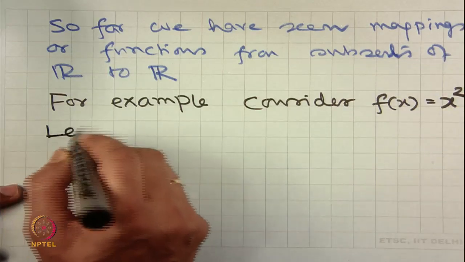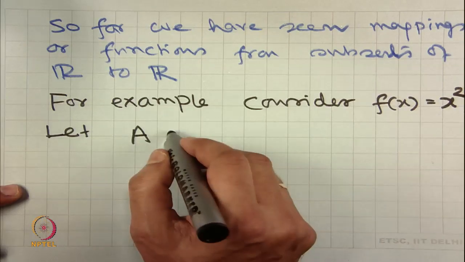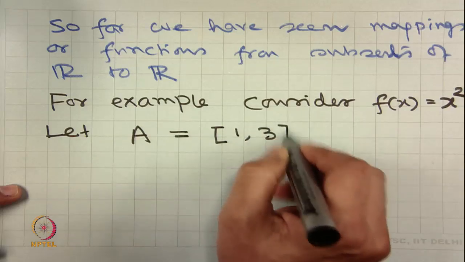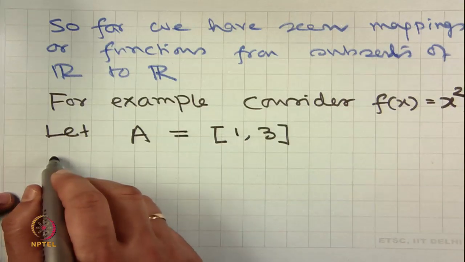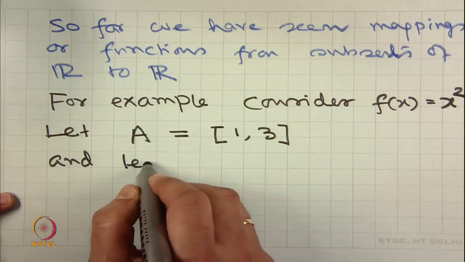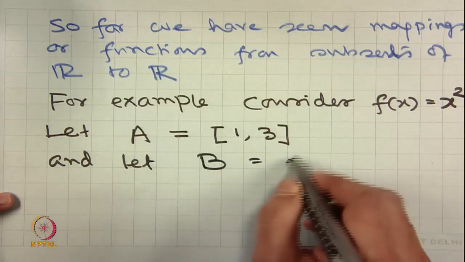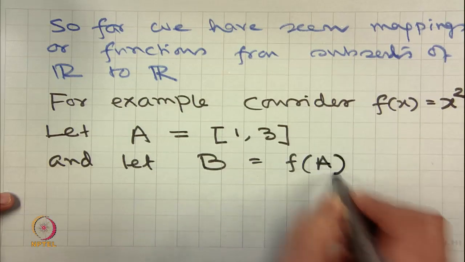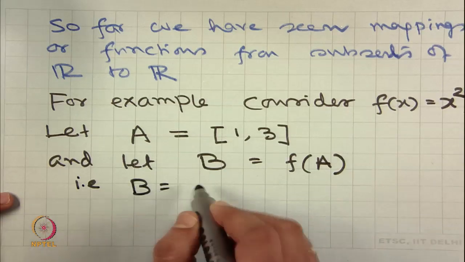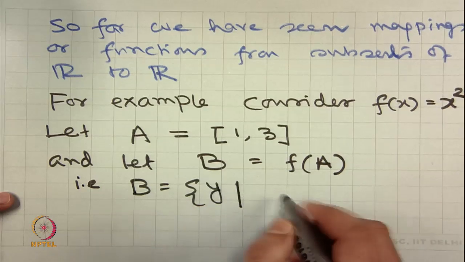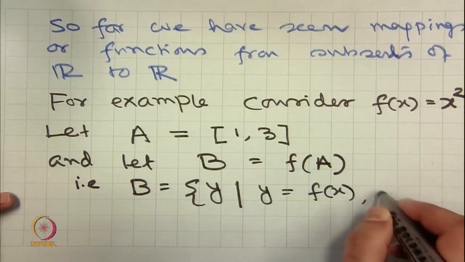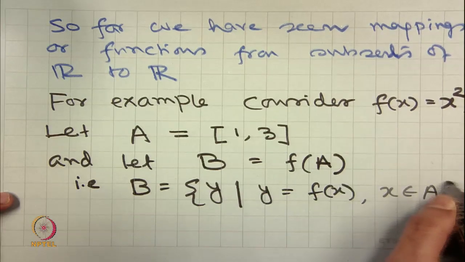Let a be the interval 1, 3 and let b is equal to f of a, that is, b is equal to the set of y such that y is equal to f of x, x belonging to a.